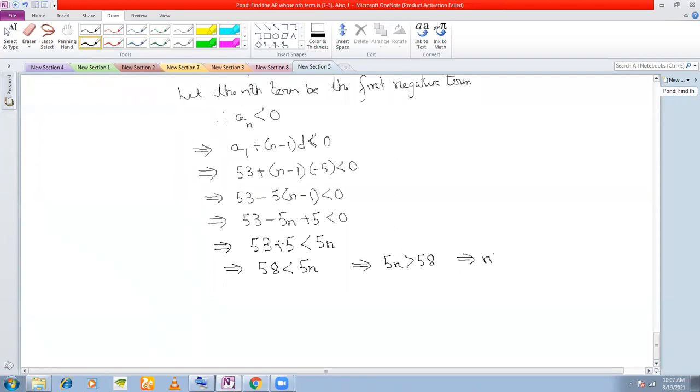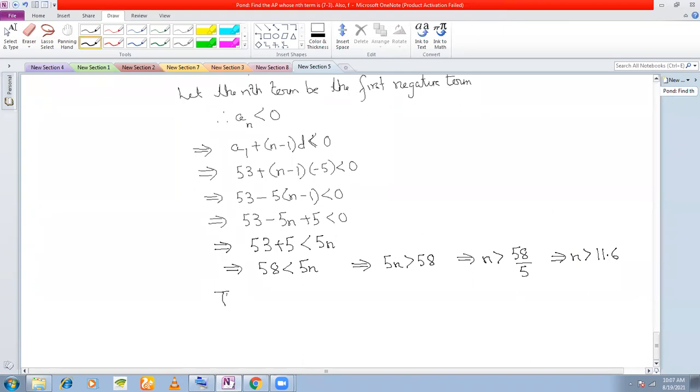That means n is greater than 58 by 5. If you convert this to decimal, you come to 11.6. So n is greater than 11.6. So for whatever value of n that is greater than 11.6, the terms will be negative, right?